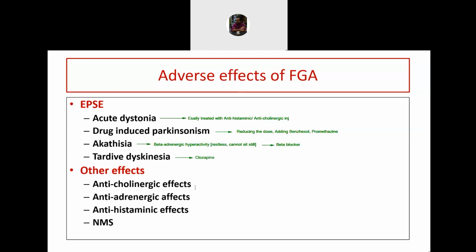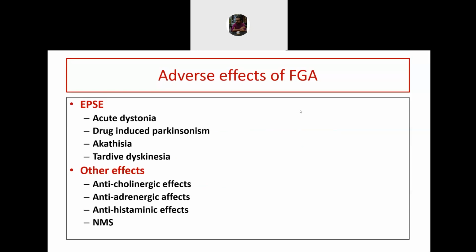Additionally, some drugs may have anticholinergic effects like dryness of mouth. Some of them may have antiadrenergic effects, for example, postural hypotension. Some may have antihistaminic effects like excessive sleepiness or sedation.